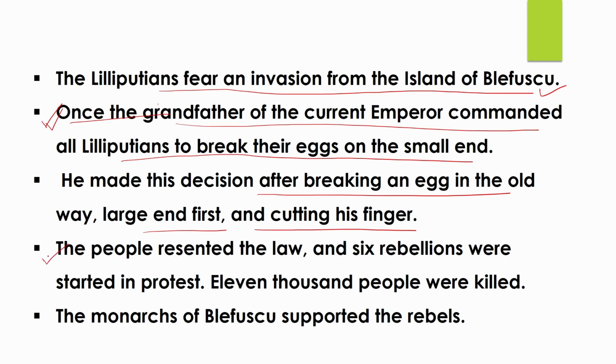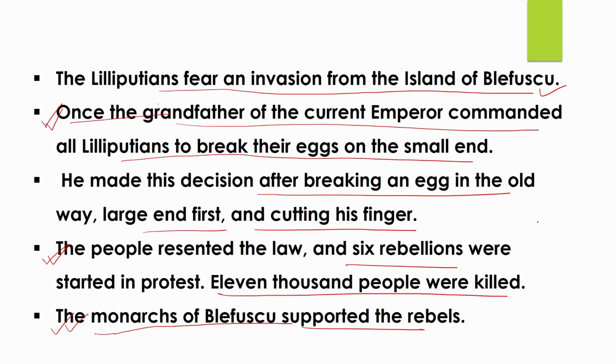The people resented the law, and 6 rebellions were started in protest. 11,000 people chose death rather than submit to the law. Many books were written on the controversy, but books written by the Big Endians were banned in Lilliput. The monarchs of Blefuscu fueled these rebellions, and when they were defeated, the rebels fled to that country to seek refuge.